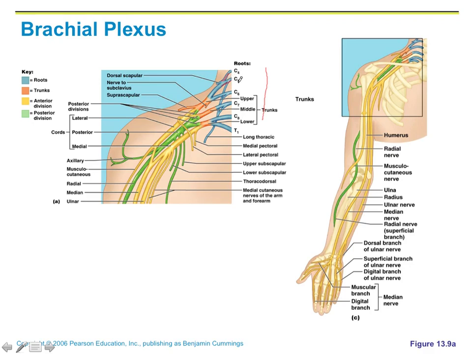Let's take a look at it from C5. C5 sends a nerve, and then C6 also sends a nerve to unite with the C5. C7 also sends one, and C8 sends one, T1 sends one, so C8 and T1 unite together.